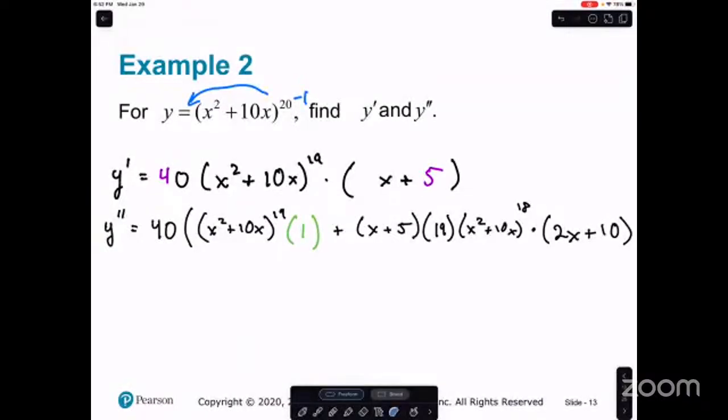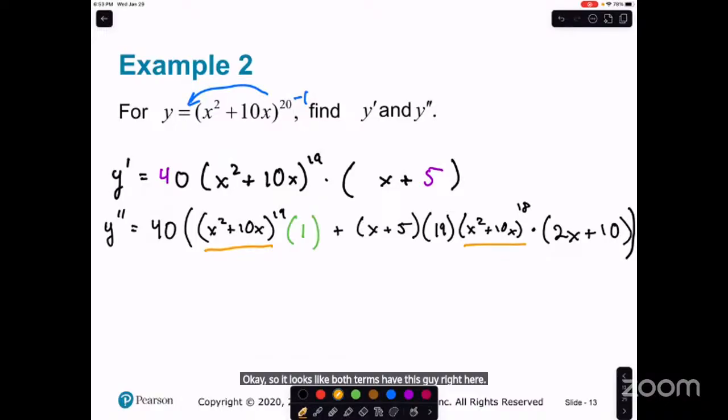Okay. Oh, and we need to close off these parentheses. Kind of like this. All right. Let me see. We got an x squared plus 10x. So we can factor that out. Okay. So it looks like x plus 5. We can factor out a 2 there. Man, this is like, ugh. Okay. So it looks like both terms have this guy right here, right? Let me see. Okay, let me try to account for that.